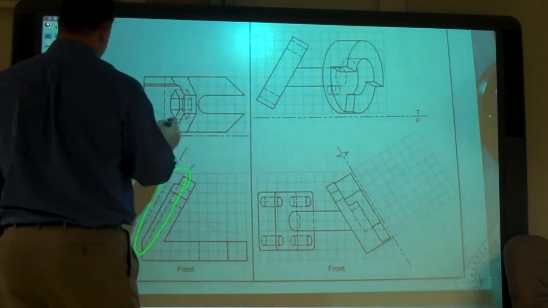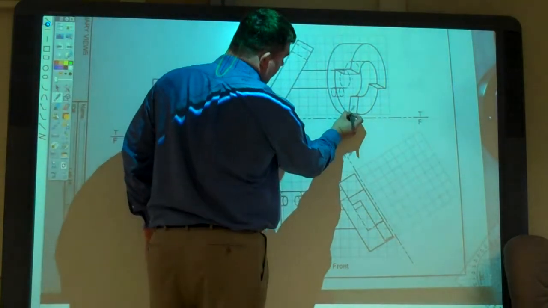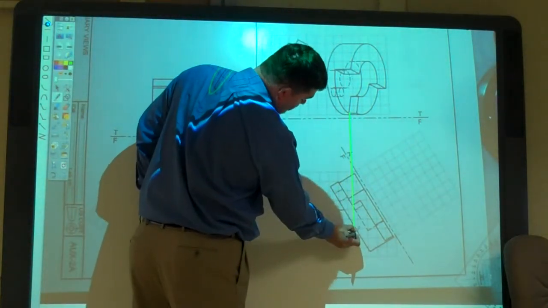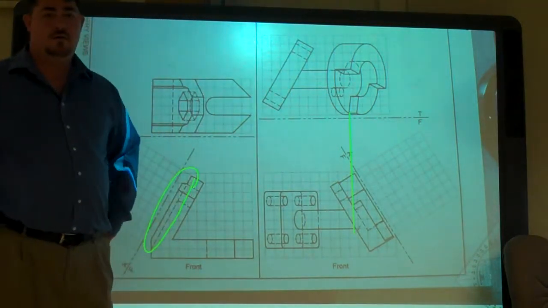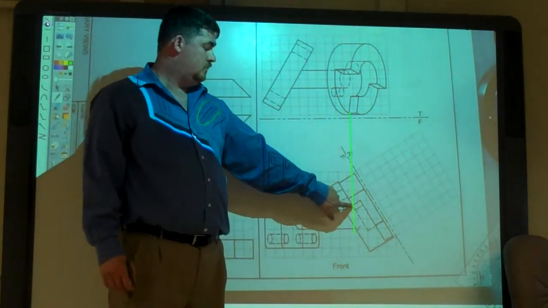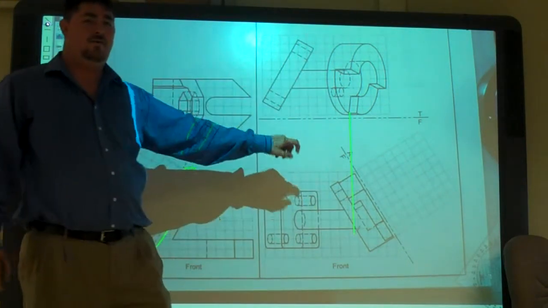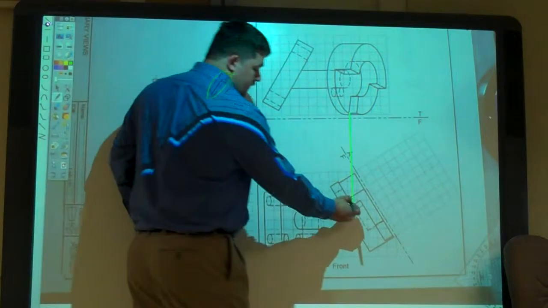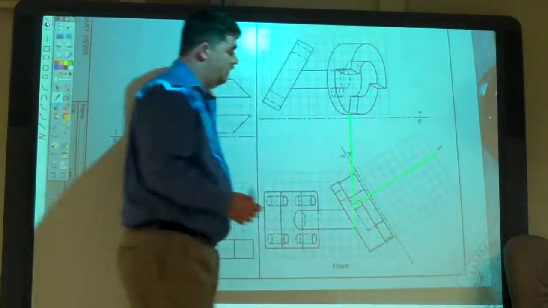So, let's say this point here is that point. There, right? So project it down to find what point, and then from there, it goes there.